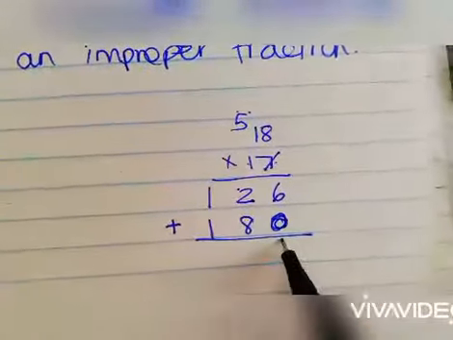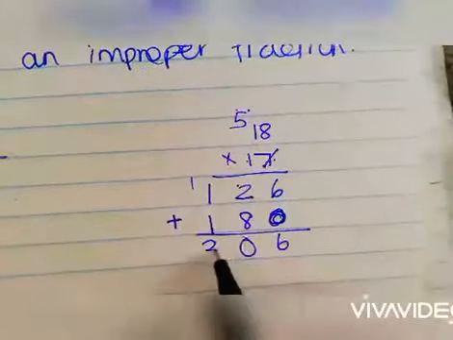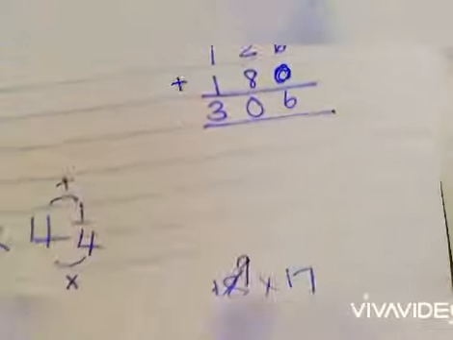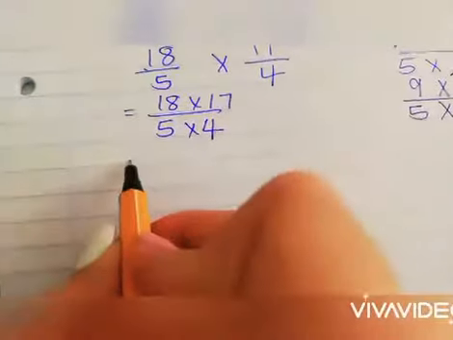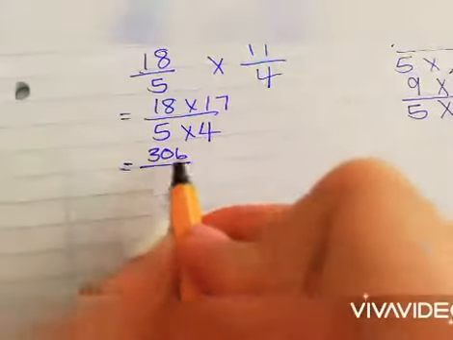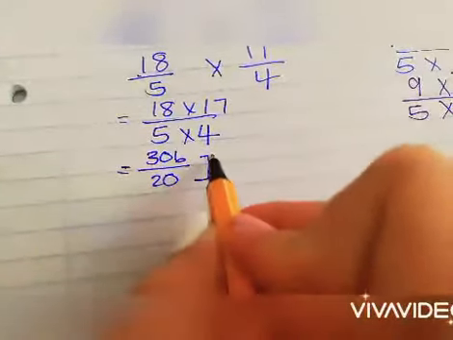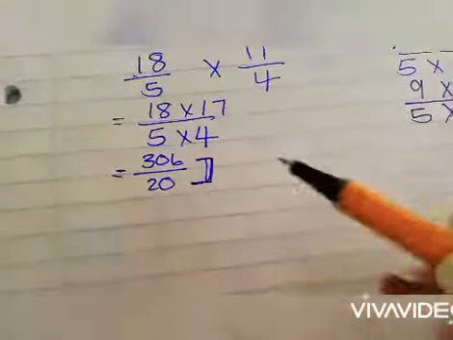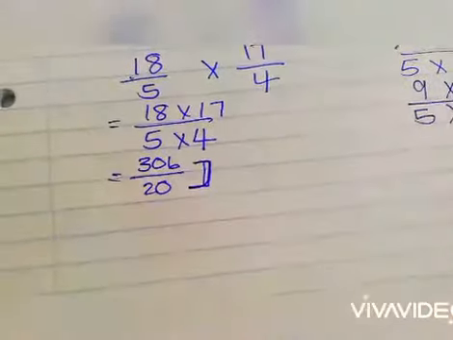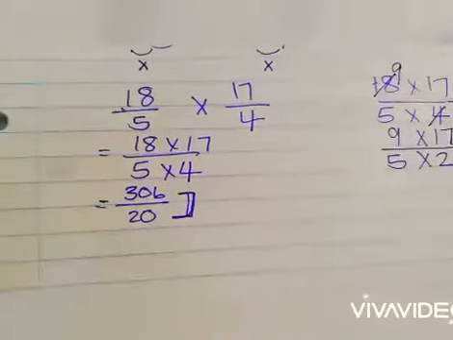So 6, 2 plus 8 is 10, 3, and that's your final answer. So we're going to go here and write 306, and 5 times 4 is 20, and we try and see if we can simplify that to our simplest form. Okay, so we're going to see what can go into 20 and what can go into 306, and then we simplify it to the best of our abilities.